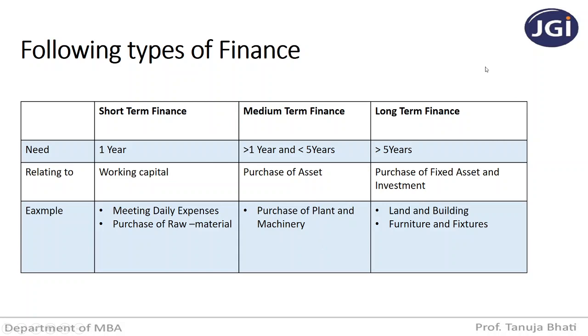In order to purchase the fixed assets and make investments. So some examples of short-term finances: meeting daily expenses, purchases of raw material. Some example of medium-term finances: purchase of plant and machinery. An example for long-term finances: land and building, furniture and fixtures. That is purchase of land and building and furniture and fixtures.